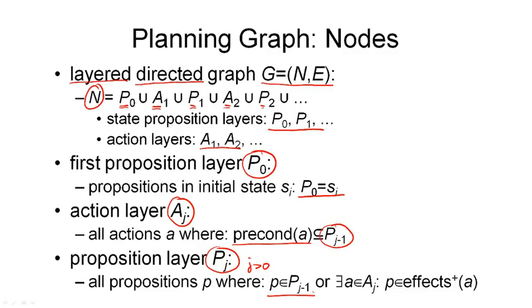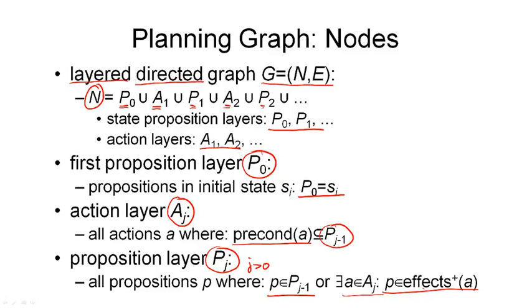But there may also be additional nodes that were not in the previous proposition layers. And what we do to find these nodes is we take all the positive effects of all the actions in the preceding action layer. So Aj is the preceding action layer. We take all those actions and we look at their positive effects and we add a proposition node for each proposition that is a positive effect to layer Pj. So in Pj, we have all the propositions from the previous proposition layer plus all the positive effects from the previous action layer.